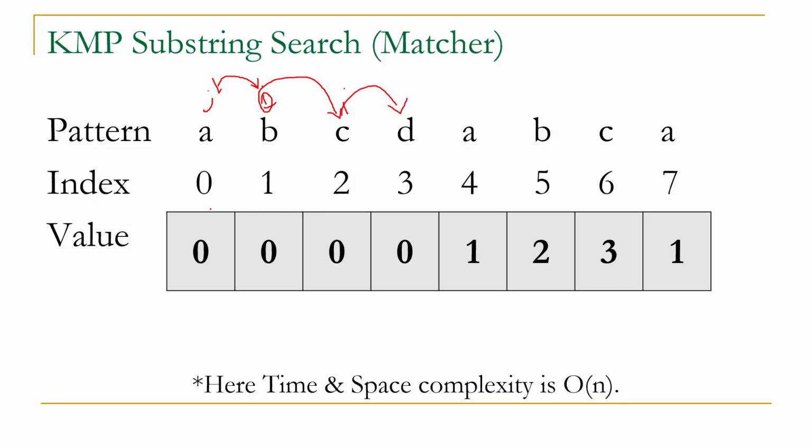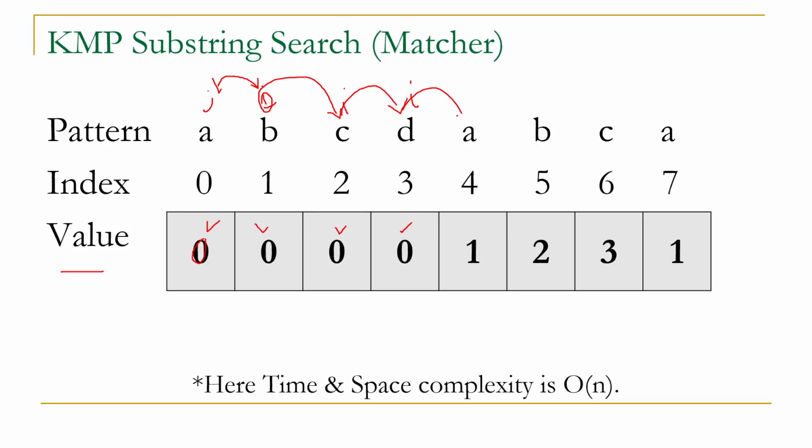If there is a mismatch, then we can input 0. Here is 0, and again this is 0, again this is 0. Again we can set this I in D, and if we match A and D, there is a mismatch. Again if mismatched, we can input 0 in this value section.